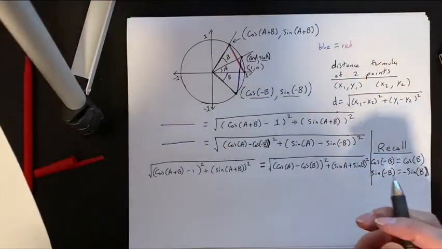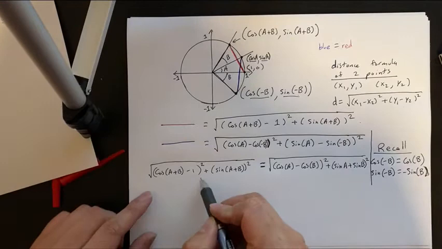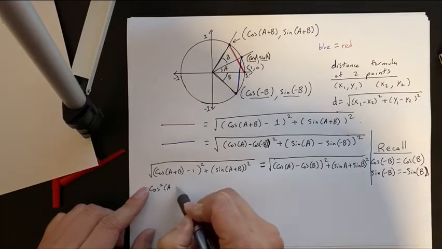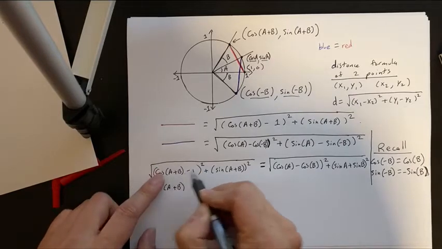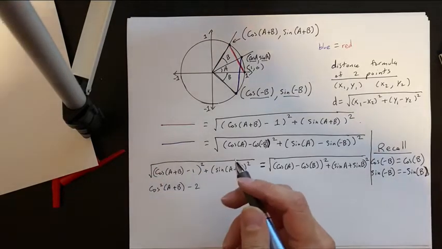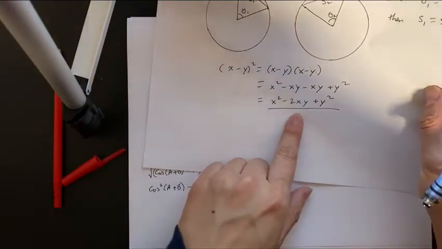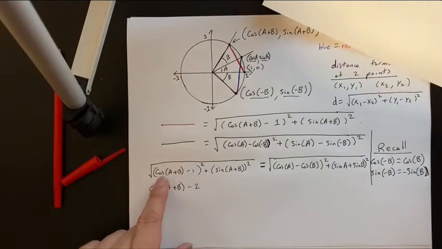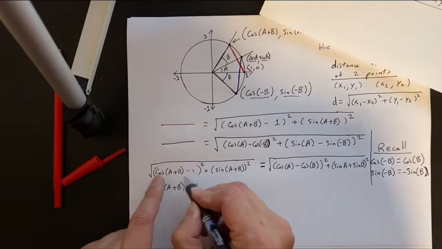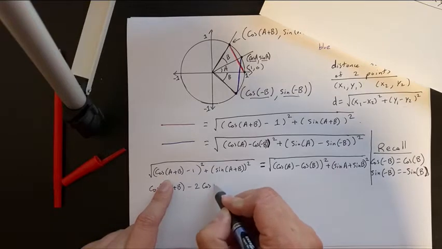All right. So I'm gonna do that here, and that's going to be cosine square of a plus b, right? We're gonna square it. Minus, and remember it's 2 times xy. So in this case, 2 times these two, but it's going to be 1 times that. So 2 cosine of a plus b.